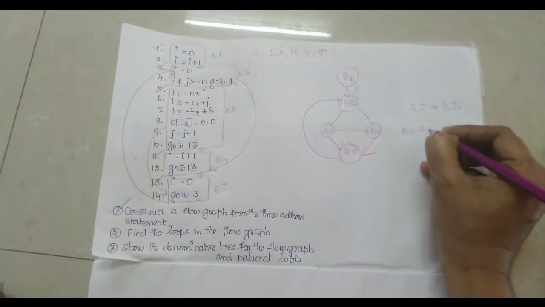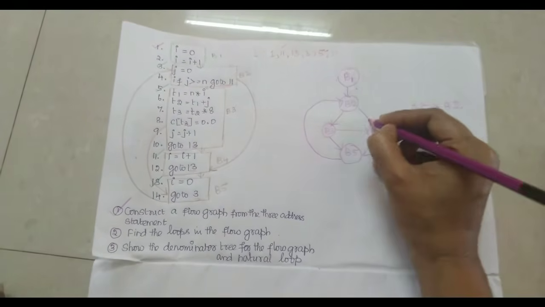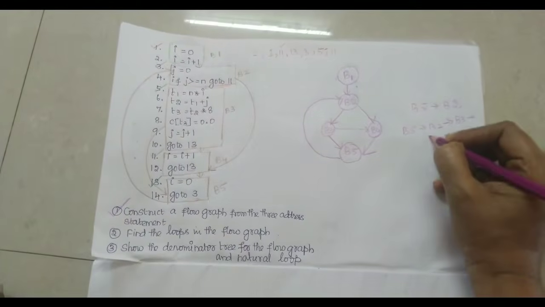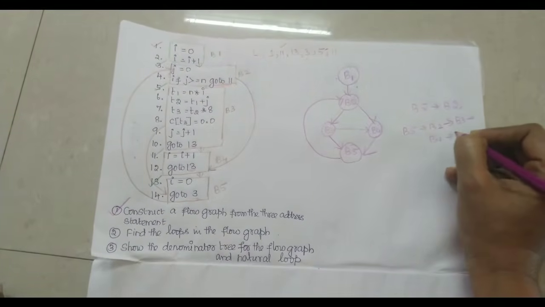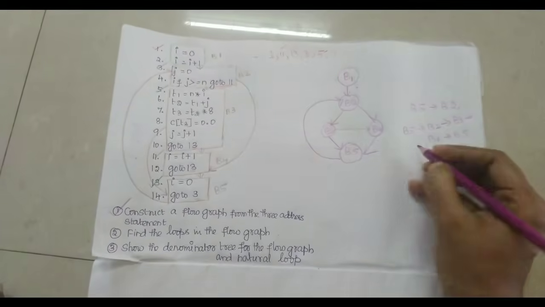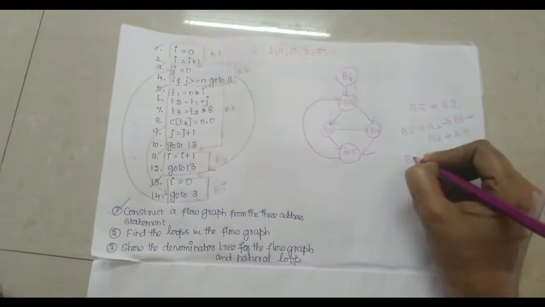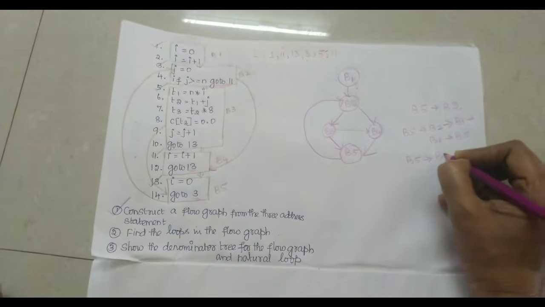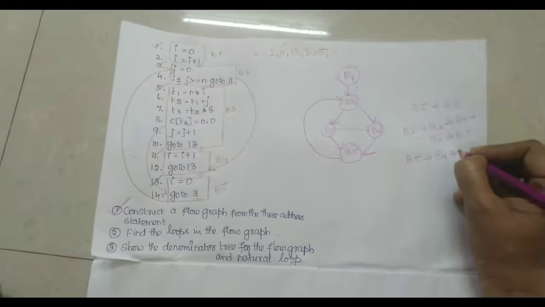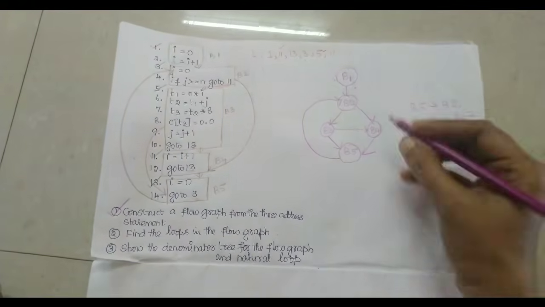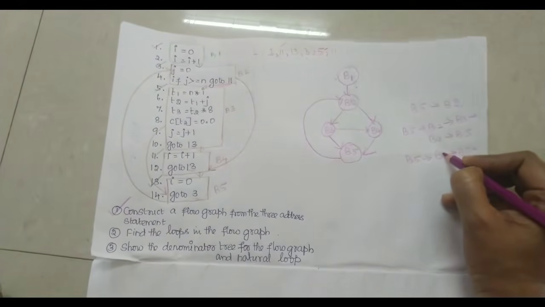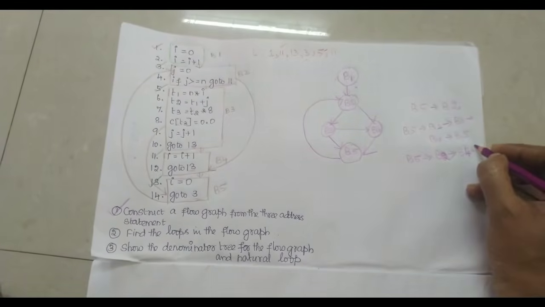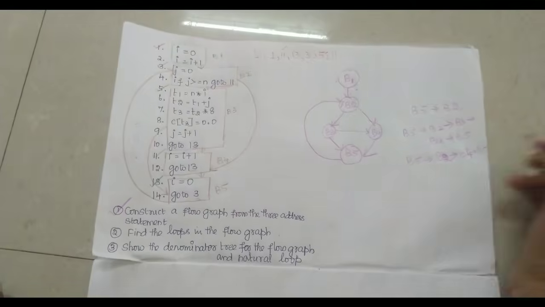B5 to B2, B2 to B3, B3 to B4, and again B4 to B5. And there may also be one more loop starting from B5 to B4, B4 to B5, and then B4 to B2, B2 to B4, and then B4 to B5 again.